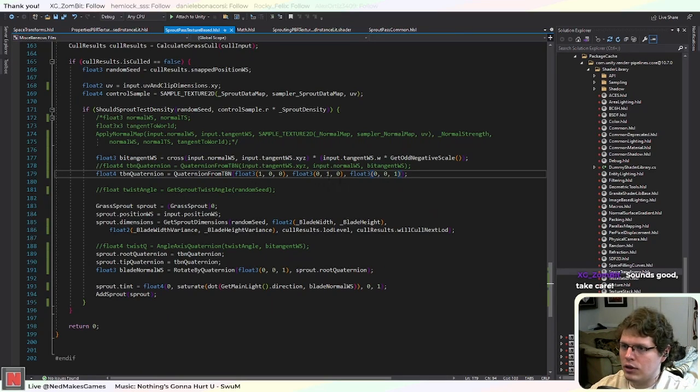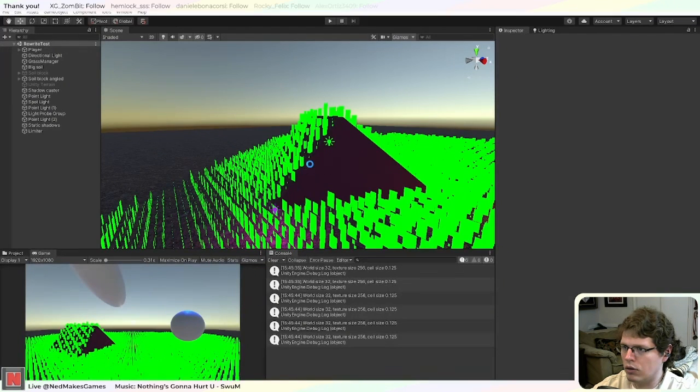So let's just switch this stuff around and see. Okay, so make it now, it should grow around the x-axis. And just see if that works.